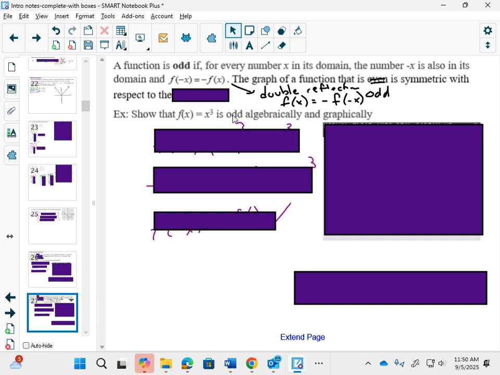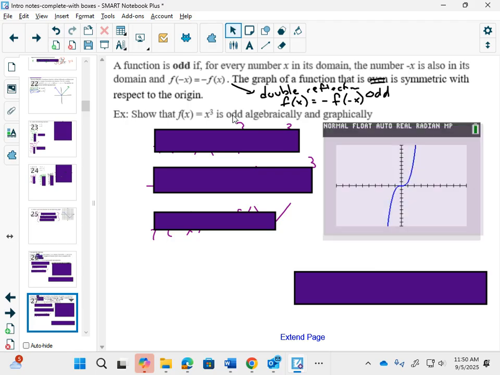That double reflection, we sometimes say it's symmetrical with respect to the origin. You take any point, draw a straight line to the origin, and then go straight in the same direction the other way, and if you hit the graph again, it's symmetrical about the origin. But the double reflection is an easy way to visualize it, right?